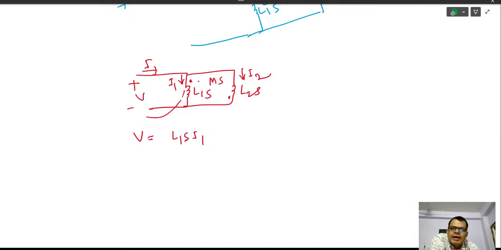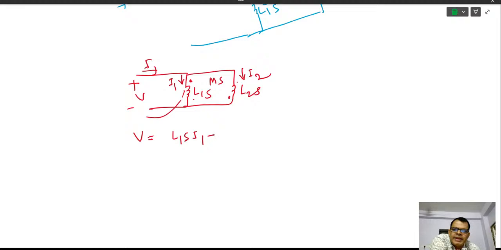Clear? Now see here, the current through L2 produces an induced voltage in L1. But current in L2 enters in the undotted terminal. So here the undotted terminal will be positive and dotted terminal negative.